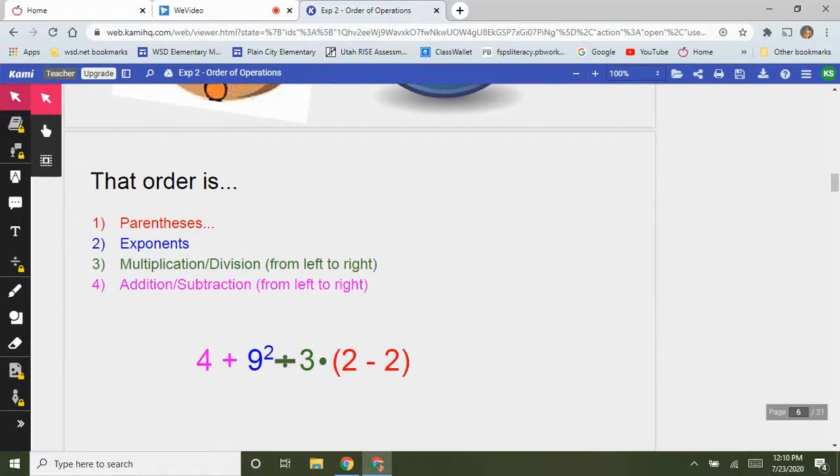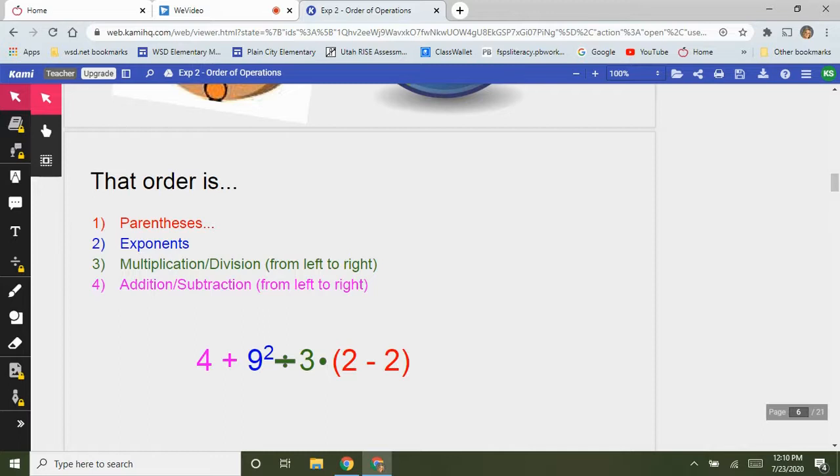So order of operations tells us that if there are parentheses in the problem, like in the red, we do parentheses first. We clean up what's inside the parentheses. Then, once all the parentheses are taken care of, I use exponents next. And then once we've taken care of all the exponents, we use multiplication and division.